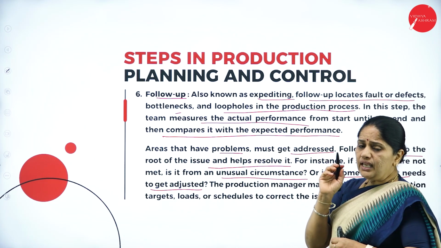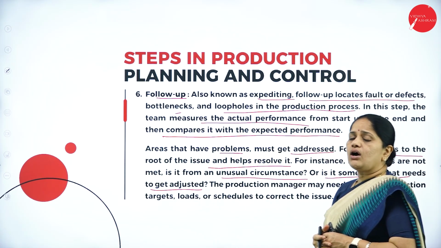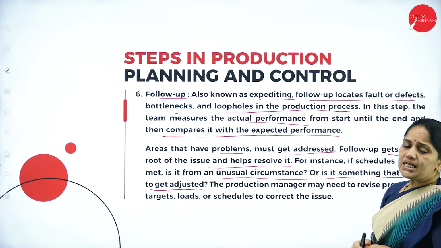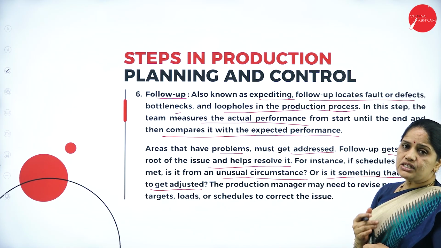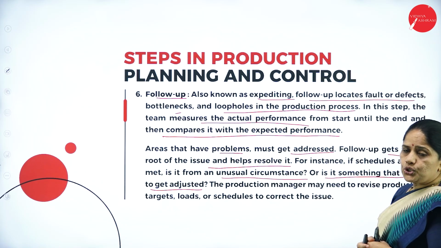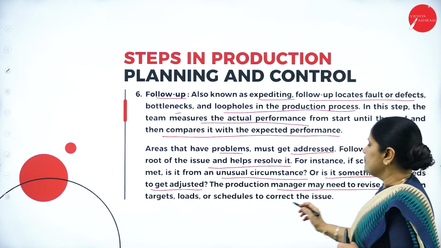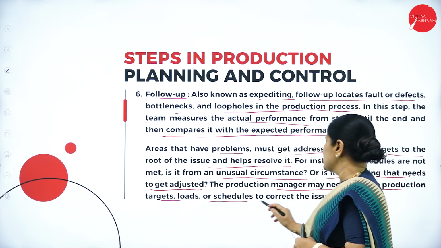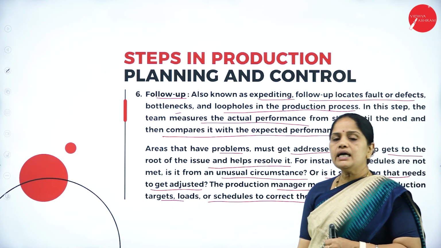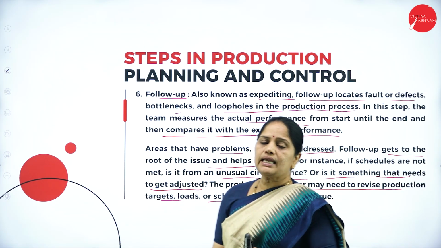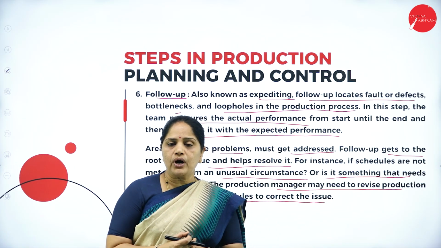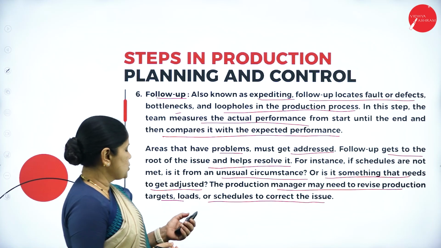So if the products are not delivered as per the schedule, then what is the reason for the delay? That has to be investigated and it should be taken care of. The production manager may need to revise production targets, loads or schedules to correct the issue. So he has to take care and see that the products are delivered as per the schedule.